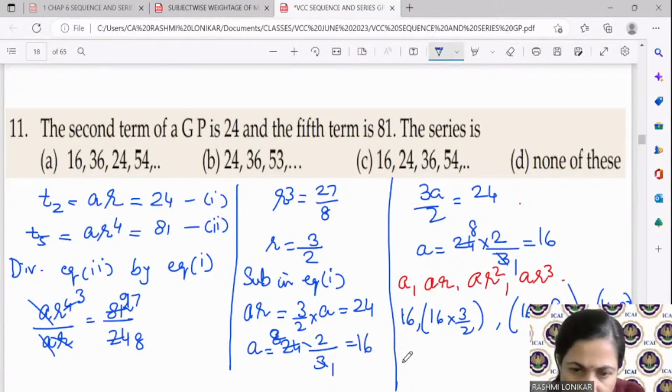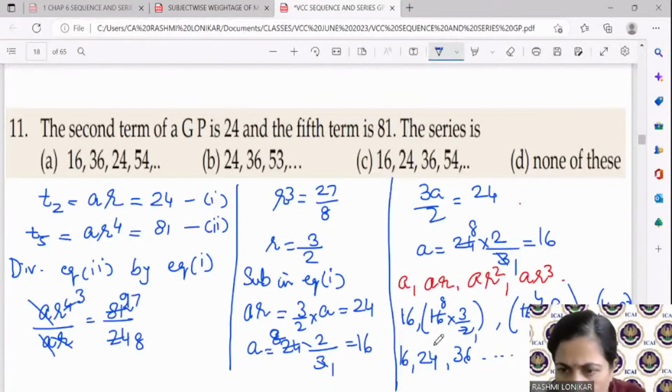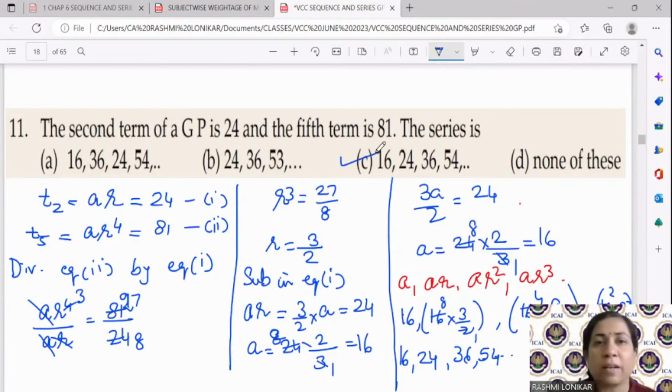This is 16. This is 2 ones are 2, 2 8s are 16, so this is 24. Then 4 ones are 4, 4 4s are 16, this is 36, and so on. Here also 8 ones are 8, 8 twos are 16. This is 54. 16, 24, 36. So C will be the correct answer.